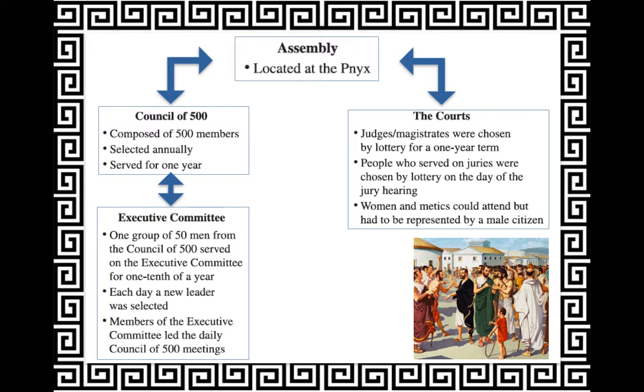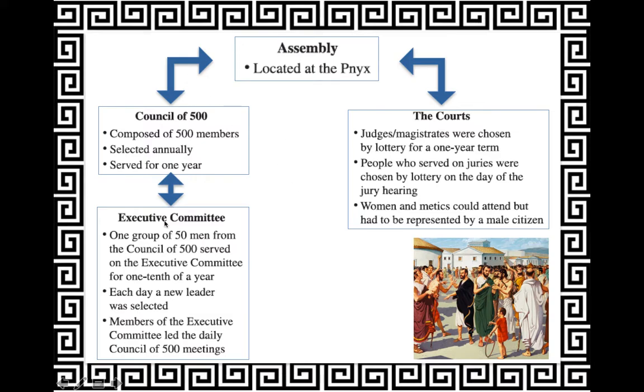And they are only allowed to serve for 1 year. They are really the people that guide the assembly through what issues they're going to talk about, what important issues have come up in Athens. They make sure that all of the taxes are getting taken care of. They're making sure that the foreign relationships with other polises are being taken care of as well, right?